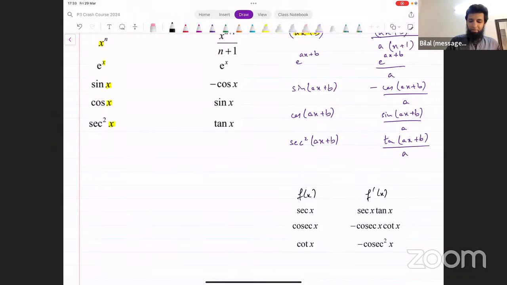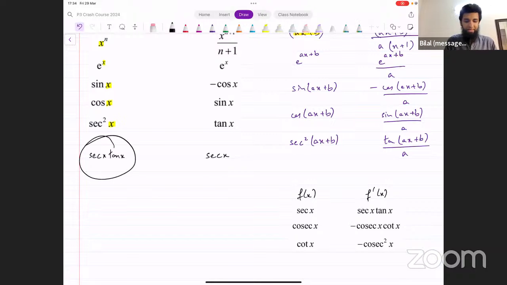If you have a function which is secant x into tan x, what would be the integral of that? Derivative of secant x is secant x tan x. Integration of secant x tan x would be secant x, right? Integration is just the opposite of differentiation.